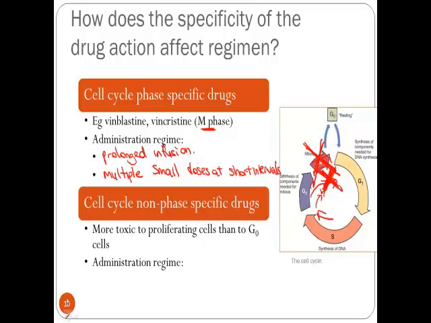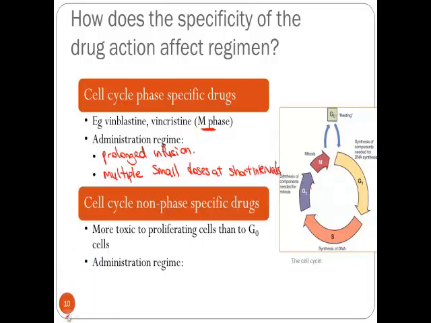Now, some drugs are non-phase specific. So basically, some drugs, assuming that the cells are not in the G0 resting phase, kill all cells that are active. Okay?